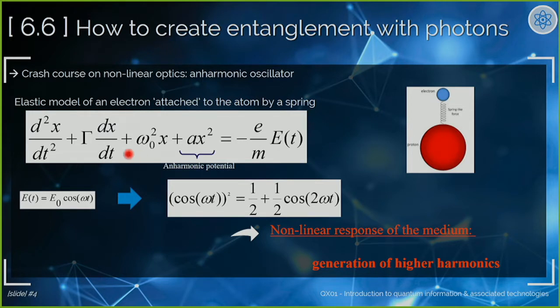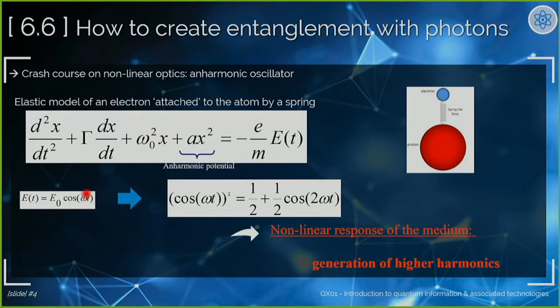Because if you have an x squared here, that means that if you look for a general solution, it's going to look like this, where the incoming electric field is a plane wave with a certain frequency, omega. Again, what it means in the lab is you just take your laser with a certain color and you shine it onto the crystal. You will make the electron vibrate and follow this equation.